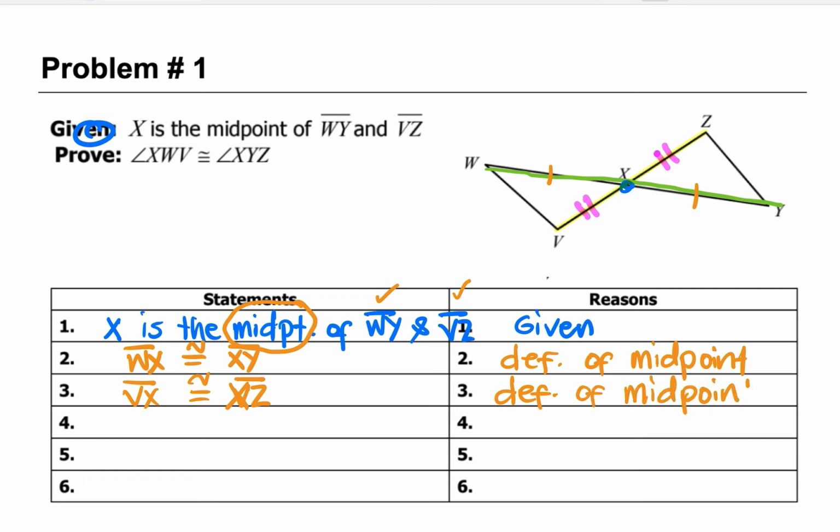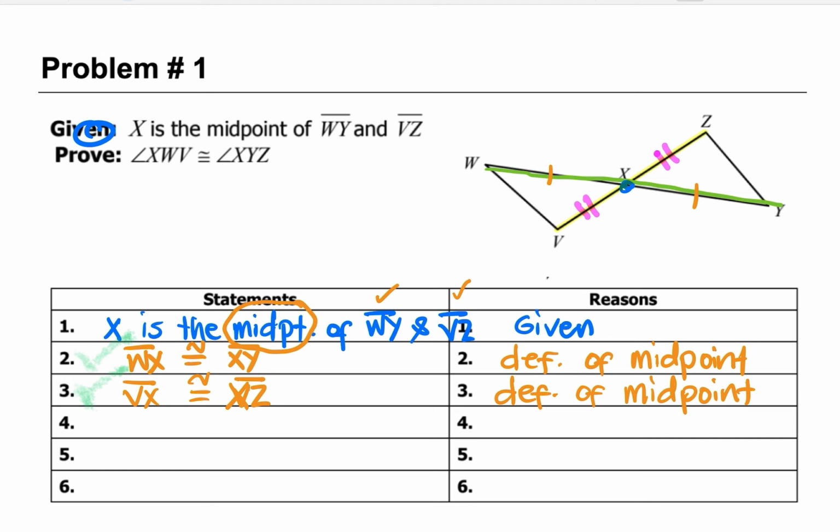So if you have noticed, we have two congruent parts at this time. Statement 2 gives us a side that is equal in measure or congruent. Number 3, we also have another pair of congruent sides. So we need another piece of information.